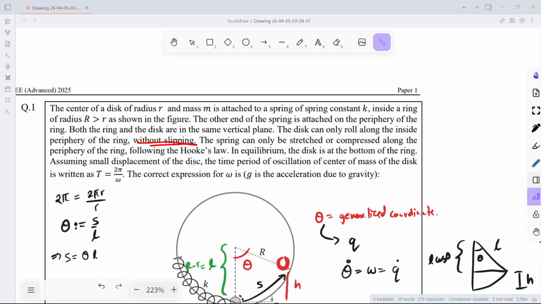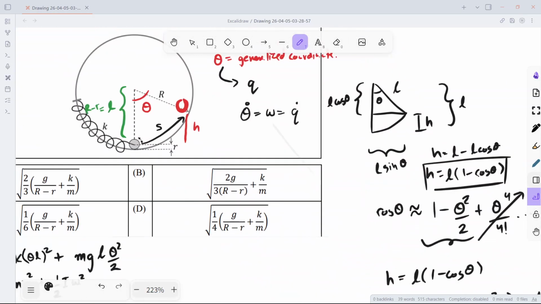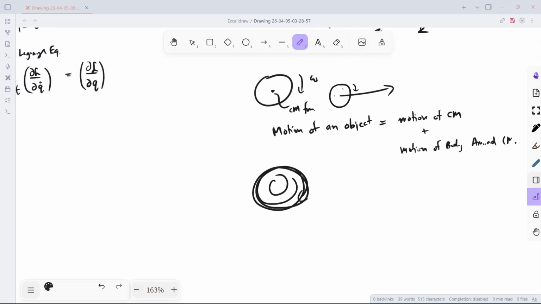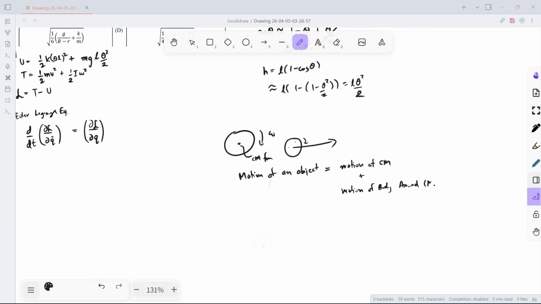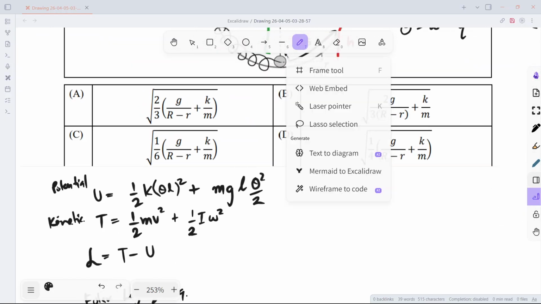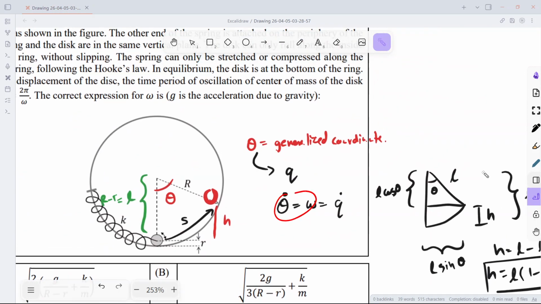No slipping. You have to be careful with that, because if there's slipping, you can imagine your thing is spinning on its own, but it's not moving, right? So my question is, is this omega the same as theta dot?